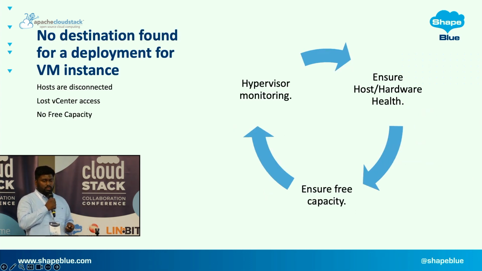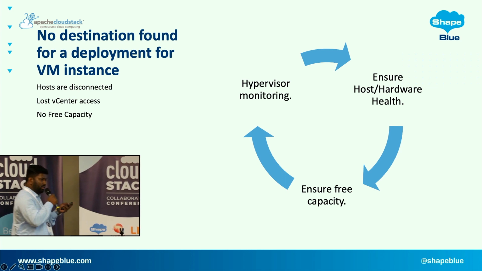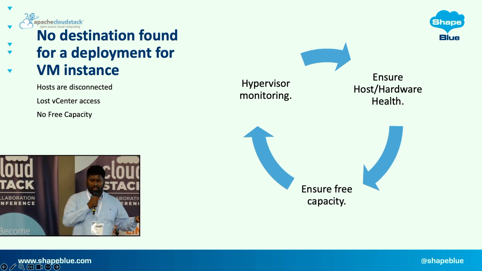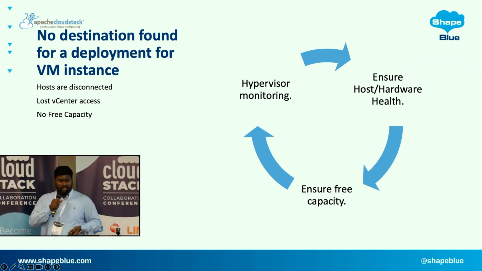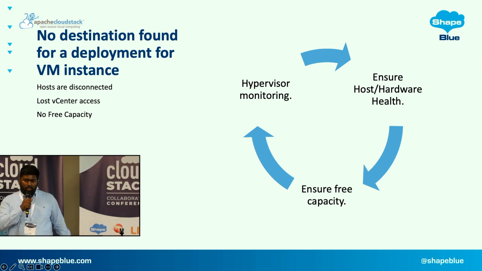This one is a little extension of insufficient capacity, but this is very specific. It appears when the hosts are disconnected. If you're using a vSphere-based CloudStack deployment and your vCenter goes down or is unavailable for any reason, that becomes a single point of failure for your whole zone, and you could hit this issue.